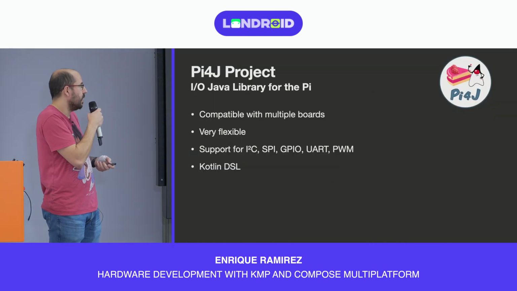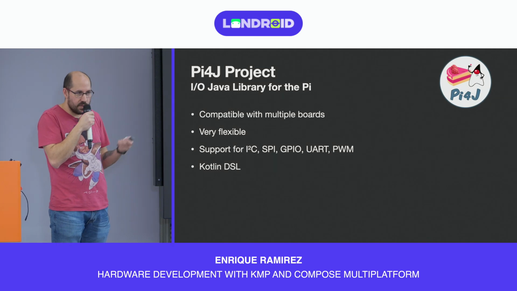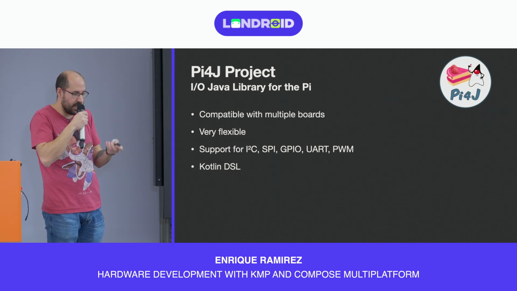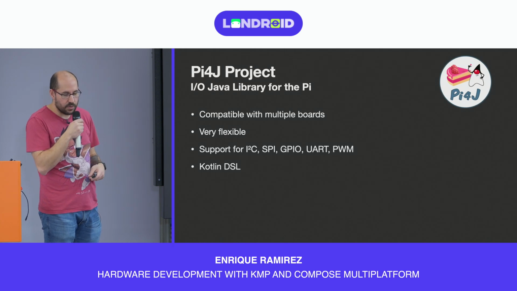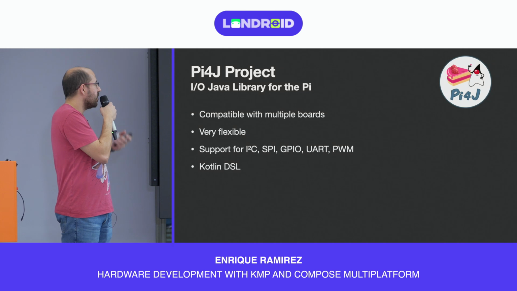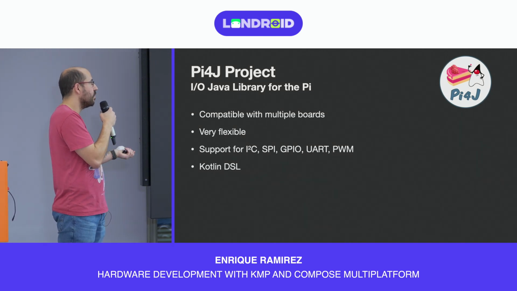Easy thing, right? How do we write code for this to talk to those pins and write that crazy protocol I2C that we've seen for the first time? So this is a very nice project library called Pi4J.